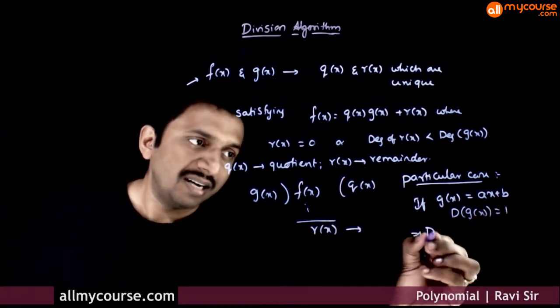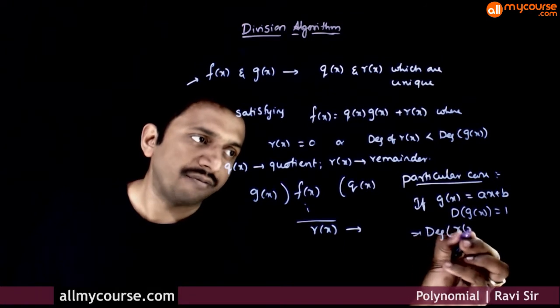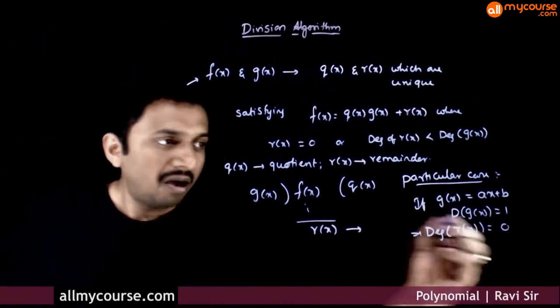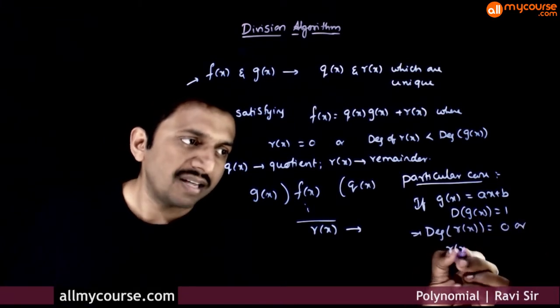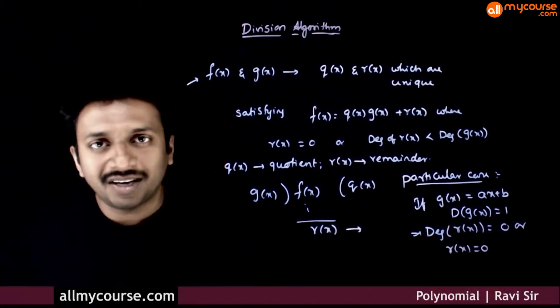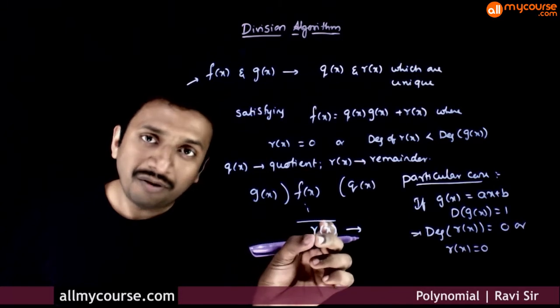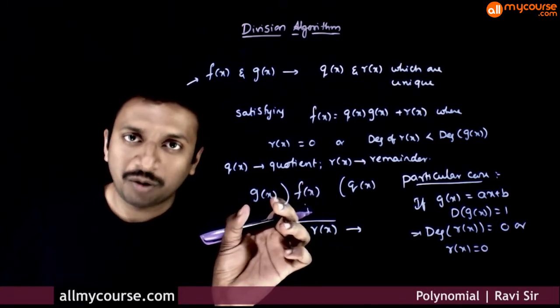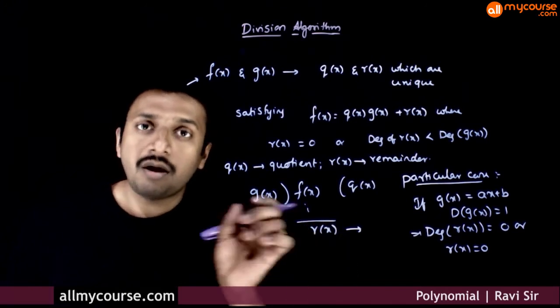This implies the degree of r of x has to be equal to 0, or r of x has to be 0. That is, the remainder when f of x is divided by a linear polynomial is either a constant or a 0.